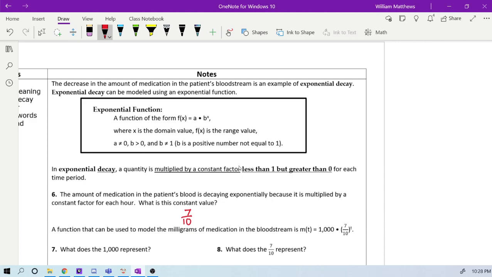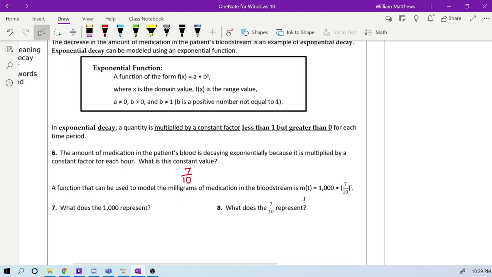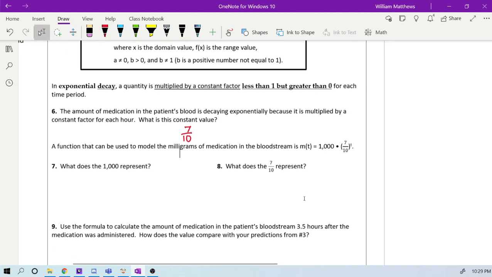It says a function can be used to model the milligrams of medication in the bloodstream. It is the medicine as a function of time is equal to 1,000 times the 7/10 to the power of the time. So the 1,000 in this situation refers to the start.